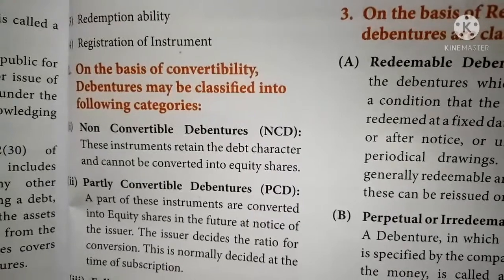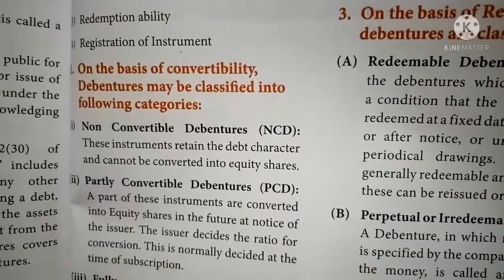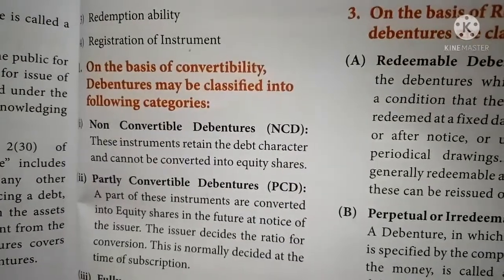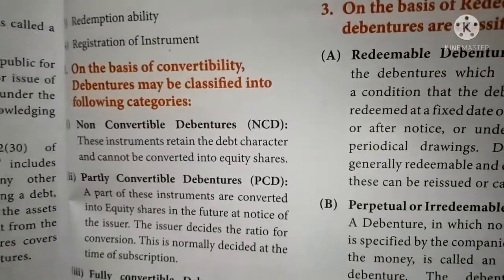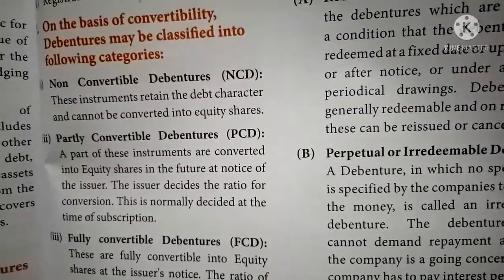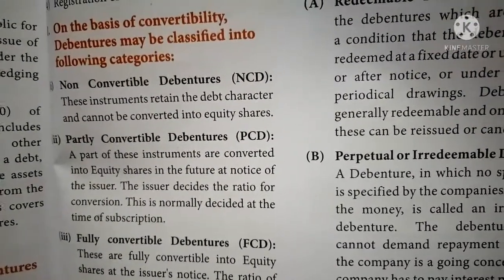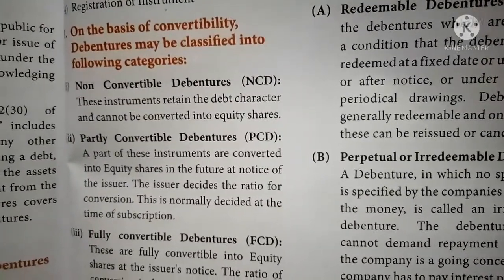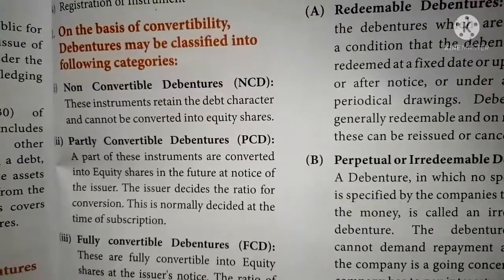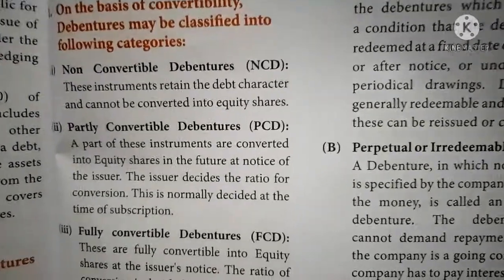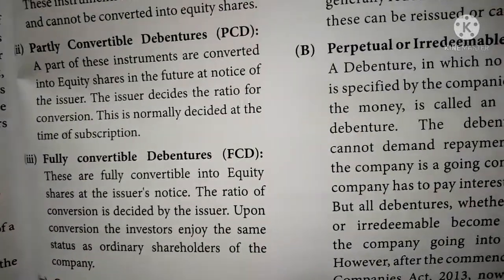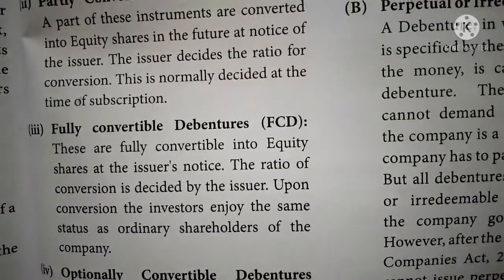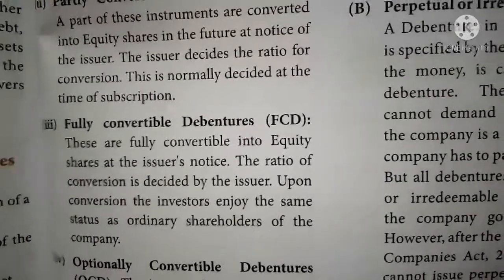Non-convertible debentures: holders of this type of debenture may never convert it into equity shares during the lifetime of the company. Partly convertible debentures: holders convert part of the debenture into equity shares, and the remaining part is retained as a debenture. Fully convertible debentures: holders may convert all the debentures into equity shares during a specific period of time.